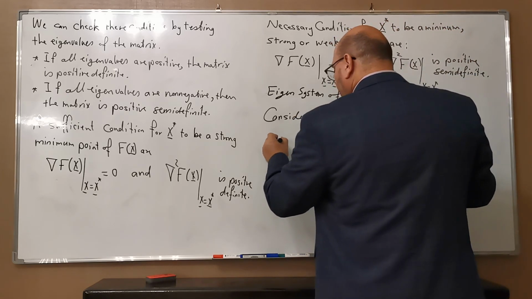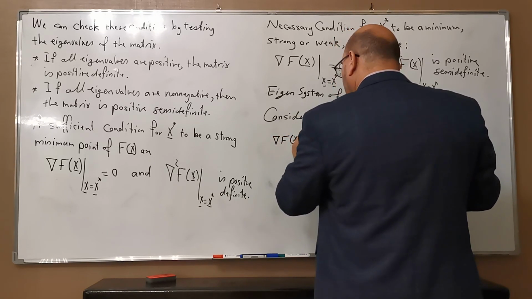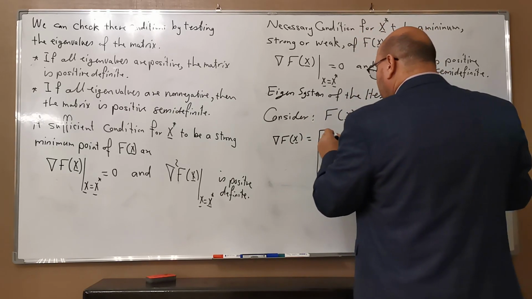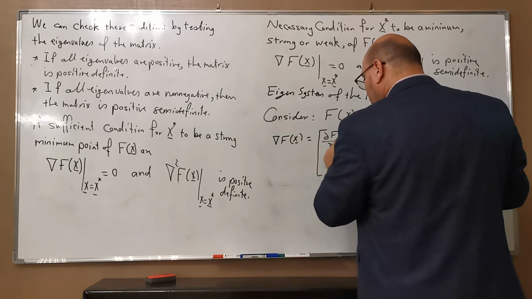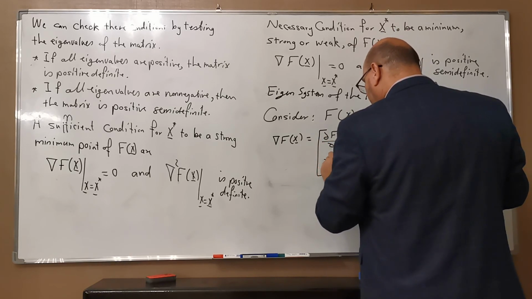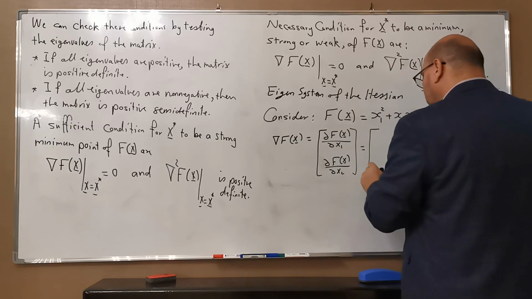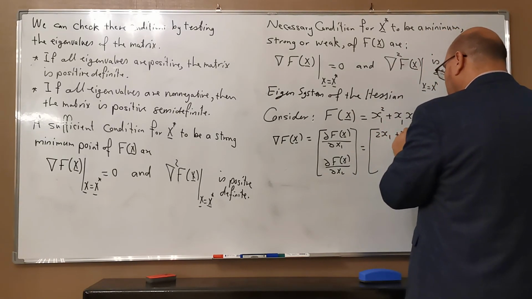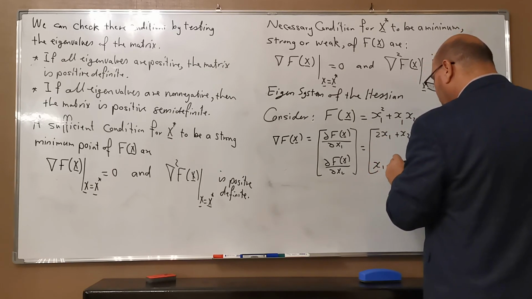So we'll do the gradient of f of x, which is equal to partial f of x, partial x1, and partial f of x, partial x2. And this equals 2x1 plus x2, and the other one is x1 plus 2x2.